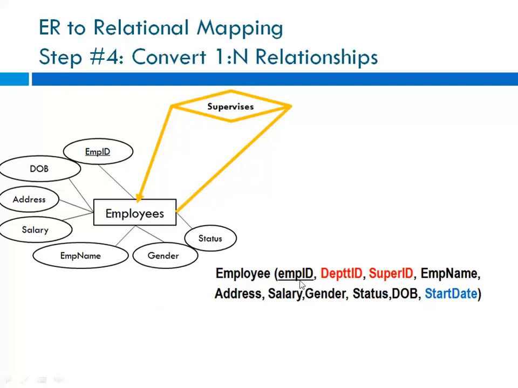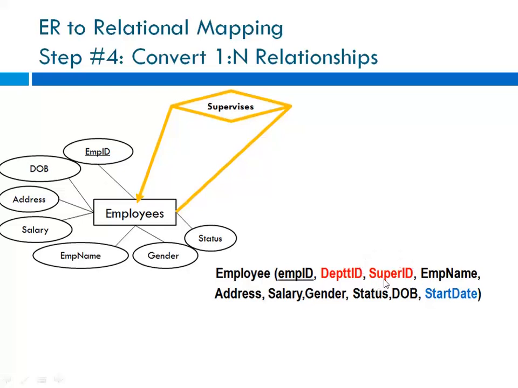So how it is done is that the supervisor does not have an attribute, so nothing new is added to the table, but with the employee we have added a new value, super ID, for the supervisor ID, which is a foreign key taken from the employee ID. The employee ID of the person who is going to be the supervisor of multiple employees will be contained in the super ID of all those employees.